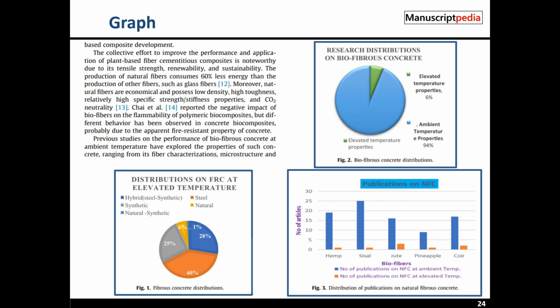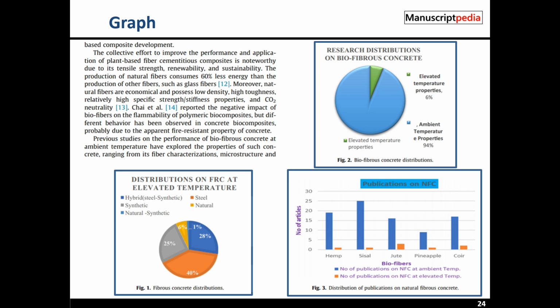And the graph: you can plot a graph on your own, like the number of articles relevant to the topic you have found. If you go through this kind of presentation, you can see in the first one the research work between elevated temperature and ambient temperature. If the researcher has some 100 articles, he goes through every article and finds whether it is elevated temperature or ambient temperature.